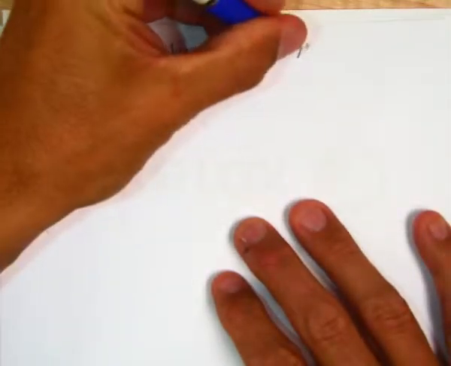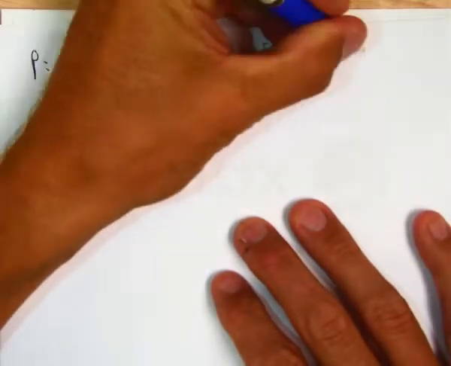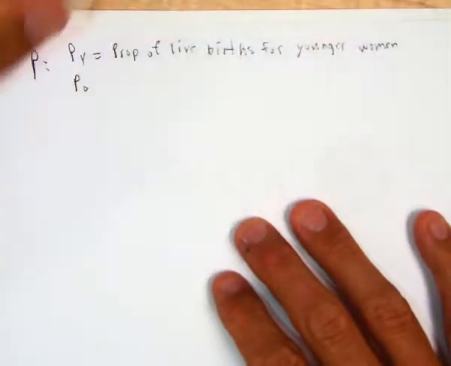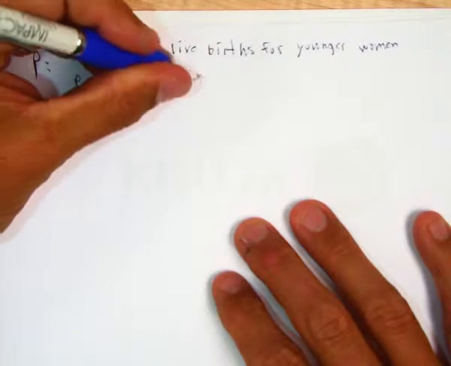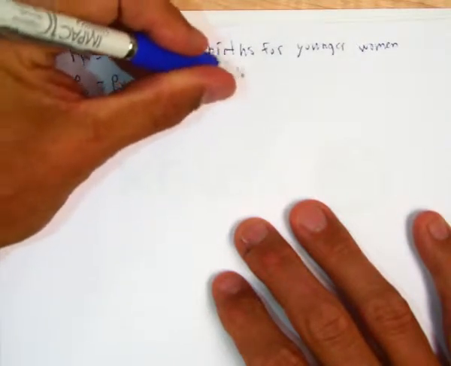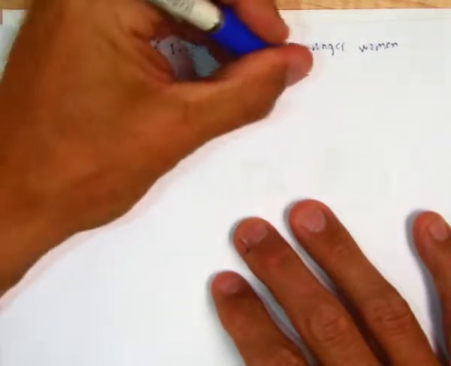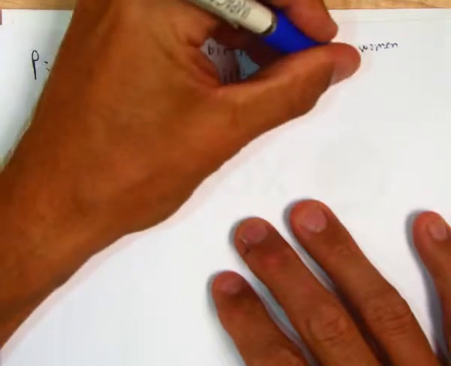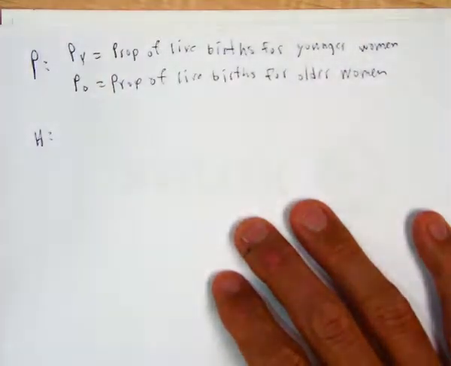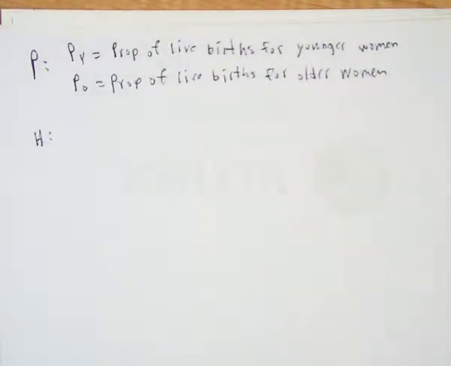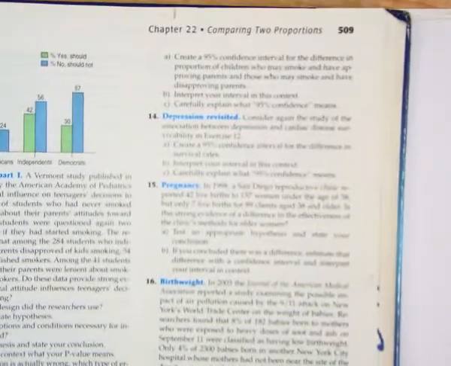For younger women, and this is the proportion of live births for older women. Okay, and let's see our hypothesis. Well, the question is, they didn't ask us if it was more effective.